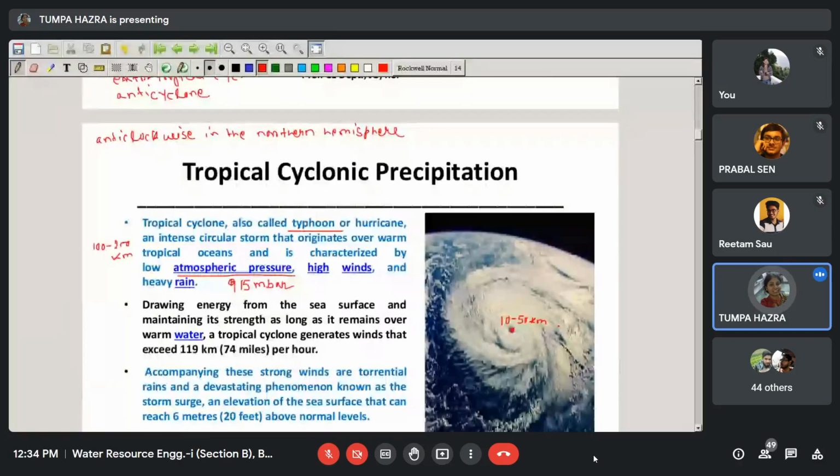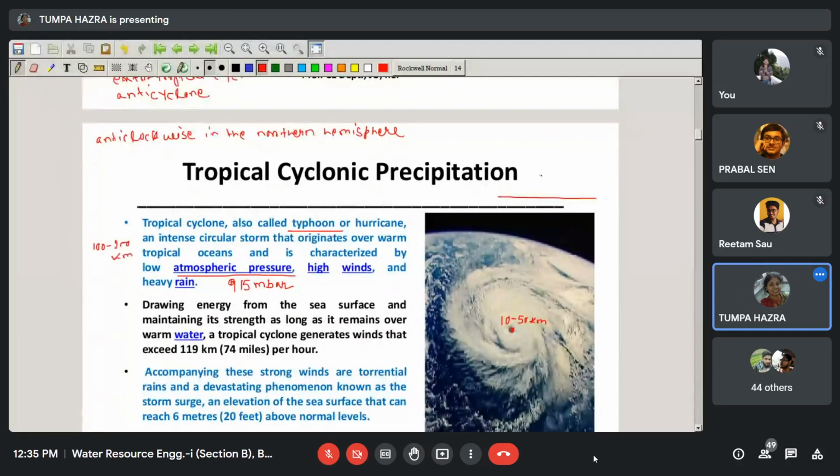Okay, but right outside the eye, very strong winds, and the velocity is around 200 kilometer per hour. Now this velocity of the wind decreases gradually at the outer edge, and pressure increases at the outer edge.